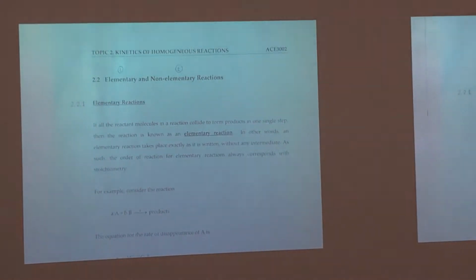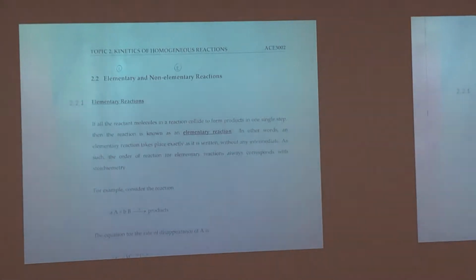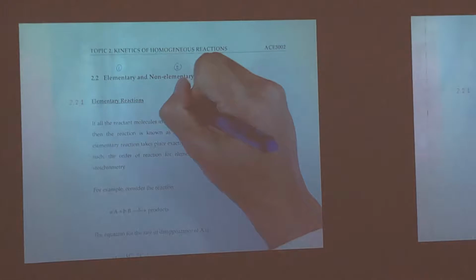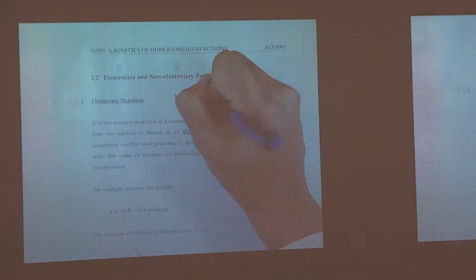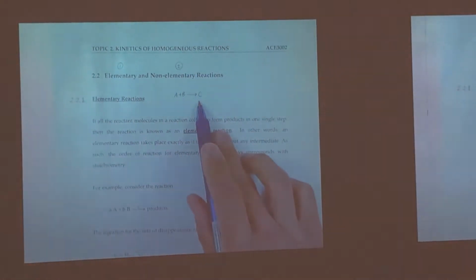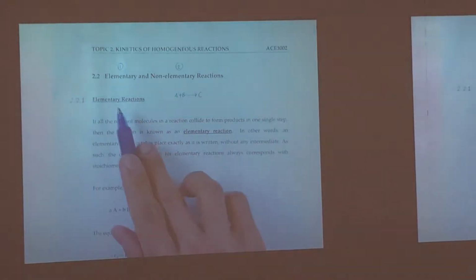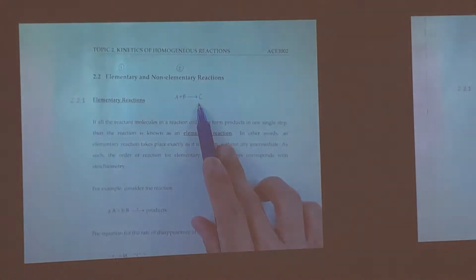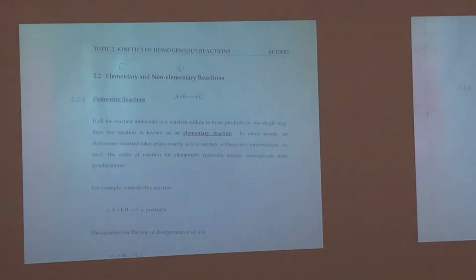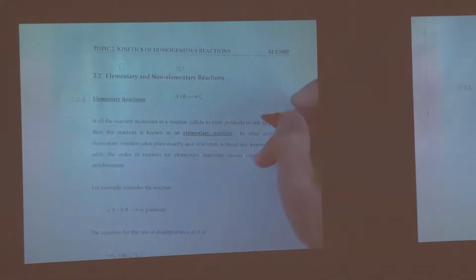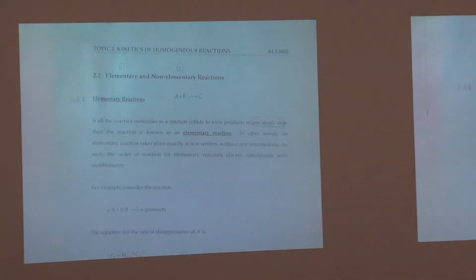Let's say A plus B gives you C. An elementary reaction is a reaction where C forms in one single step. One single step, then the reaction is known as an elementary reaction.